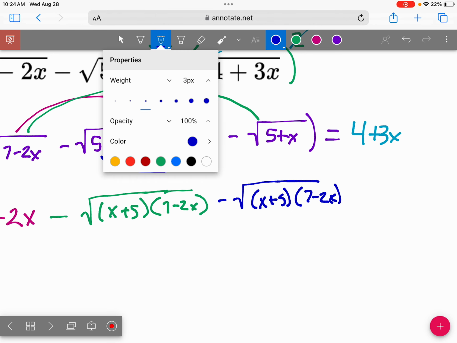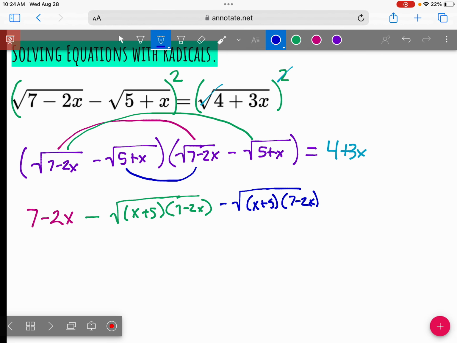And then plus our last times the last, which is 7 minus 2x, plus 5 plus x, because our 5 plus x was times itself. Our 4 plus 3x is just hanging out.